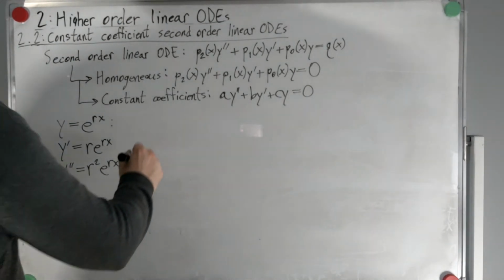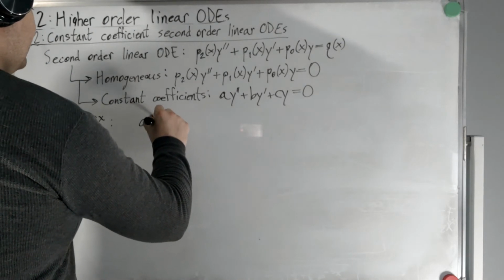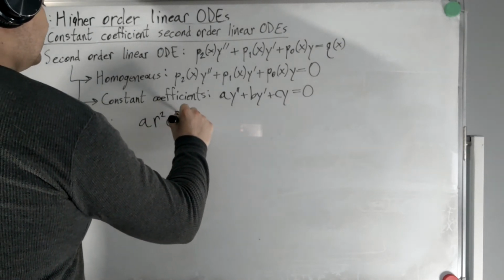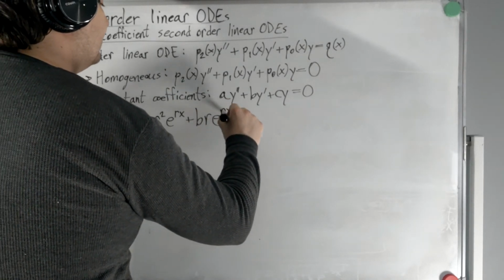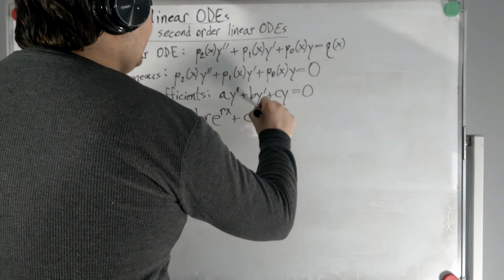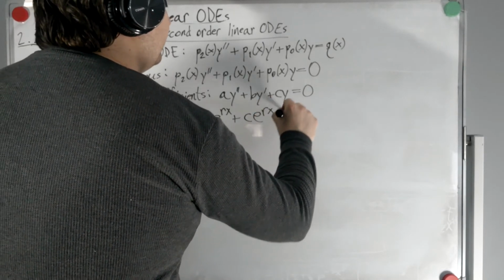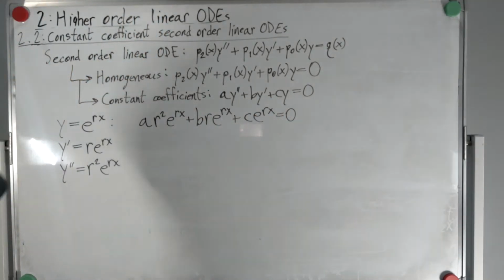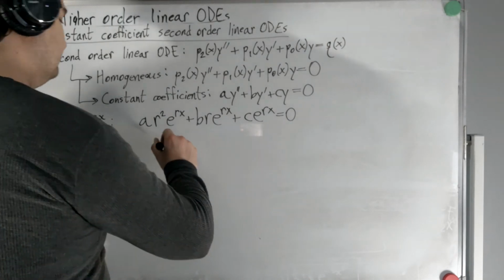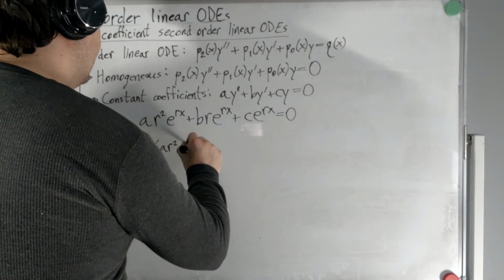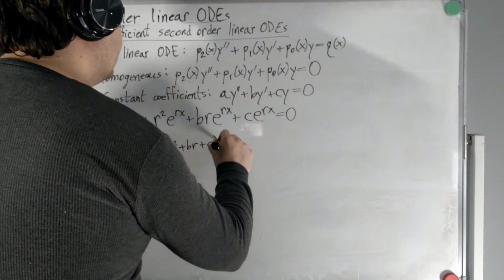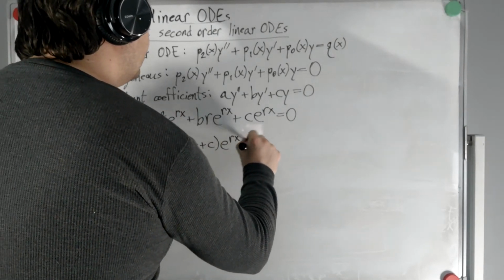You plug that in, you get a times r squared e to the rx plus b times r e to the rx plus c times e to the rx equals 0. You can factor out e to the rx. So you'll get (ar squared plus br plus c) times e to the rx equals 0.